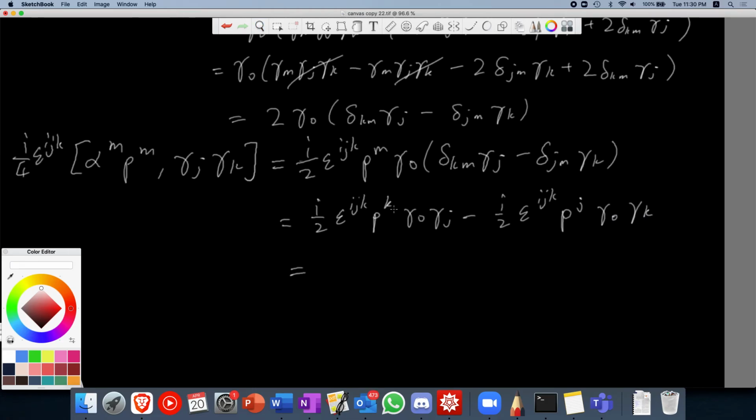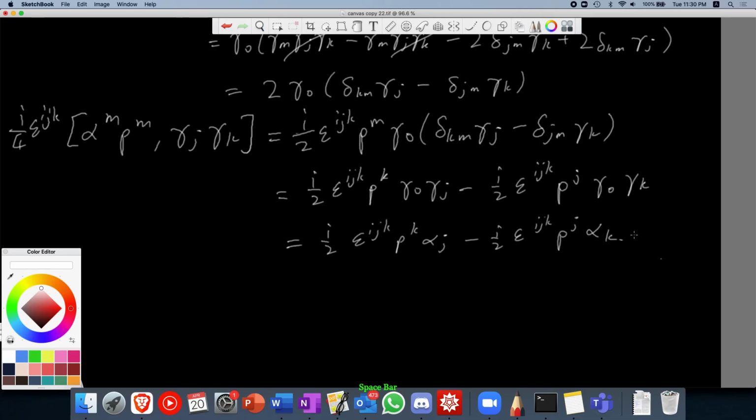We see, okay, then let's do some swapping of indices. So this is i over 2. First of all, let's write it as k, then this is j minus i over 2 Levi-Civita p of j alpha of k. Then let's see, with almost the one we want, so let's do a swap of the indices here.